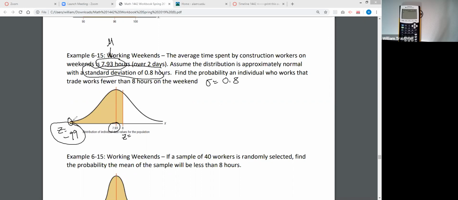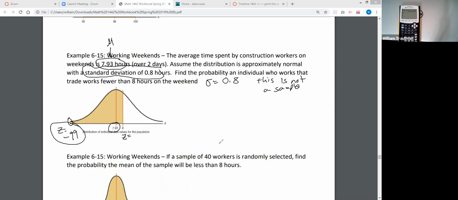Now, in this problem, did they tell us a sample? How many people were surveyed? Do you see, in this problem, it didn't tell us how many people were surveyed. So this is not a sample, because they didn't say we're doing 40 people.